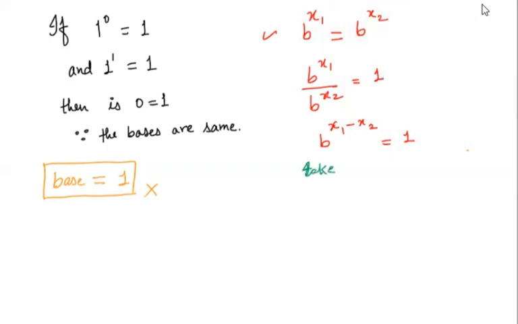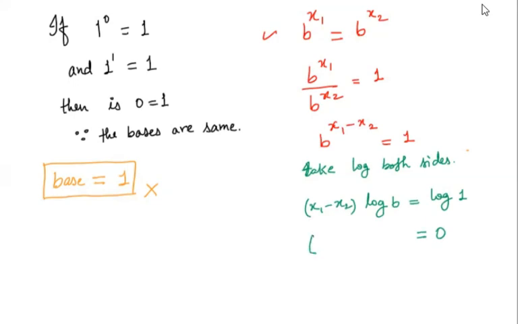Now, if I take log on both sides, what do I get? Using the power law, the power will come outside, and I can simply write x1 minus x2 times log b equal to log 1, isn't it? Now, log 1 to any base is 0.